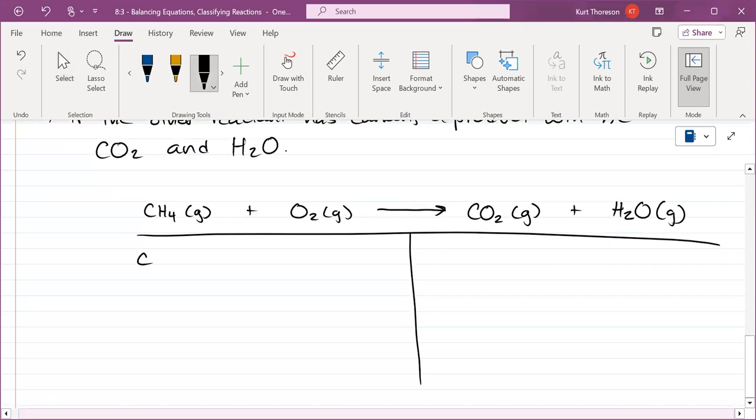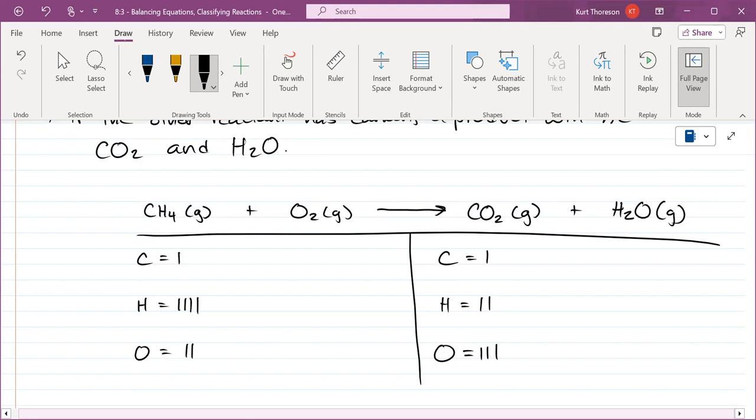So we have carbon, hydrogen, oxygen, carbon, hydrogen, oxygen. One carbon, 4 hydrogens, 2 oxygens; 1 carbon, 2 hydrogens, 1, 2, 3 oxygens.